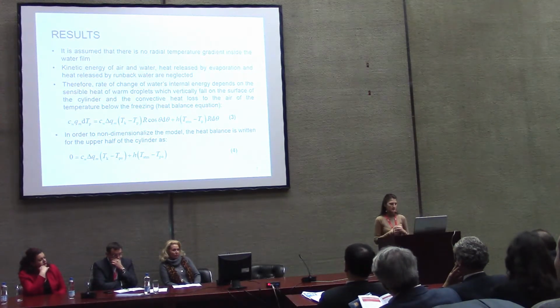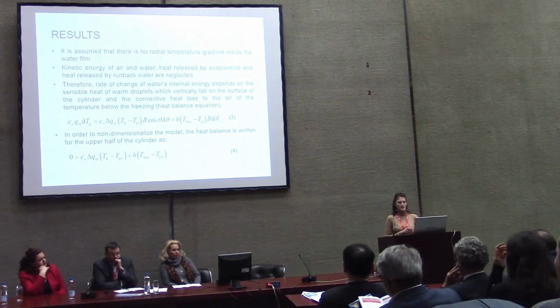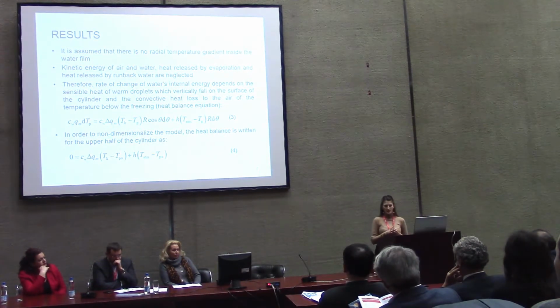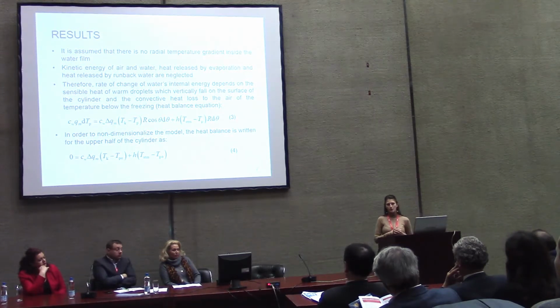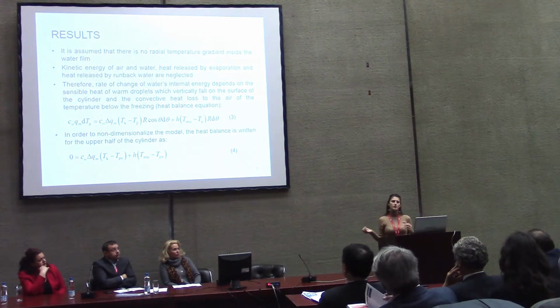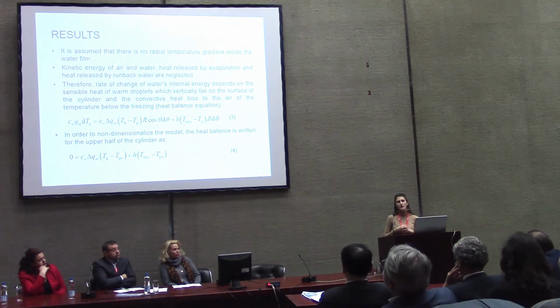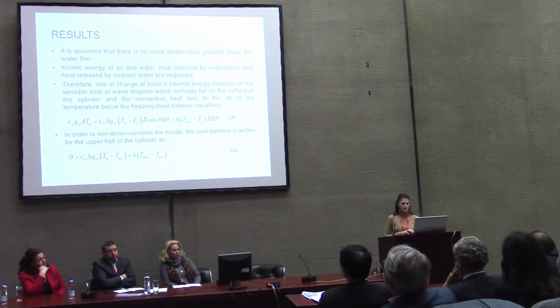So the heat balance equation for the upper half of the cylinder is given by equation 3, and it states that the rate of change of water's internal energy depends on convective heat loss to the air and sensible heat of warm droplets.